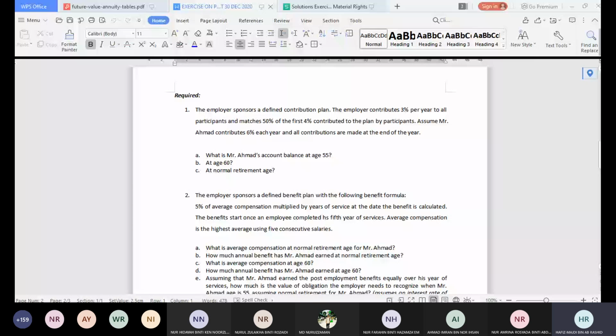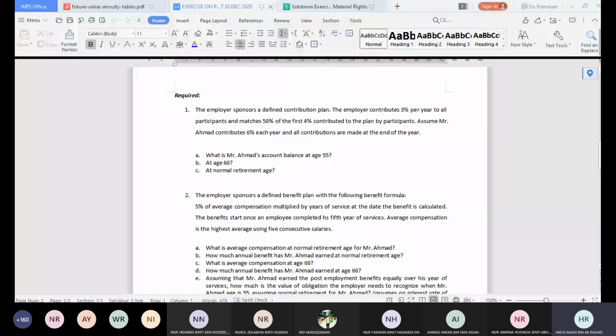So if companies expect employees to always complete the 5 years and go up to the normal retirement, then if that is their assumption, they need to record it. So the assumption is employees will be able to complete the first 5 years unless it's proved that the employees retire before that.